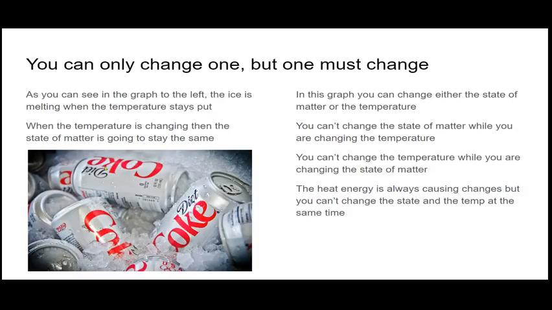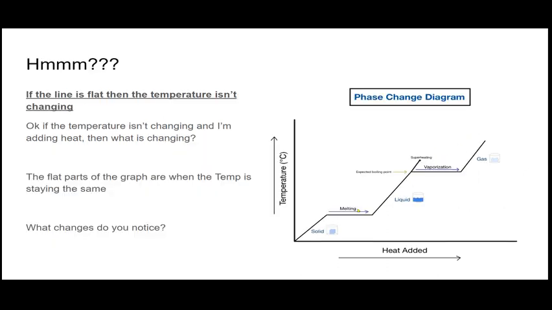The reason why we have a picture of ice right here is, well, when Wads is drinking a Diet Coke, he likes to have a lot of ice. The reason why I have ice here is because my temperature can't change while I am changing the state of matter. So imagine it's a hot day, imagine it's a hot classroom, and I've got my Diet Coke.